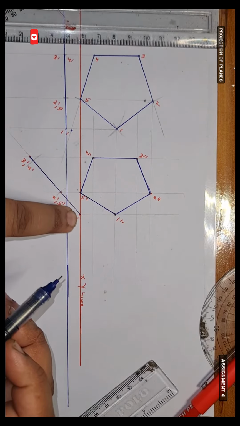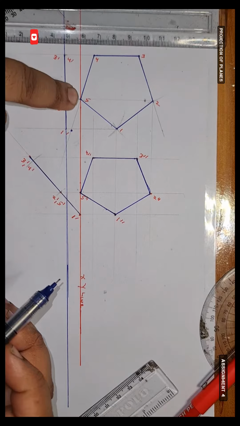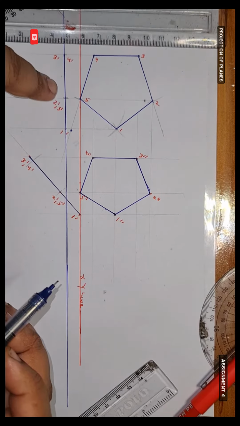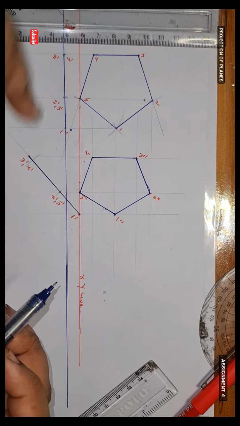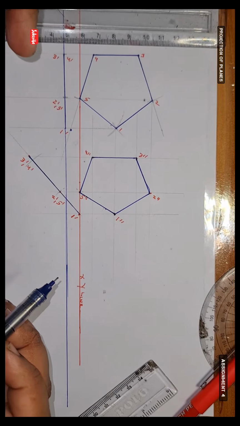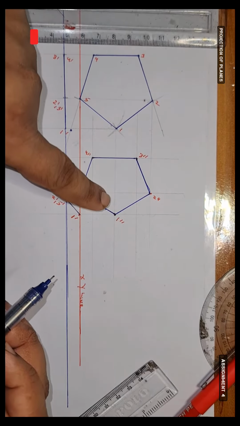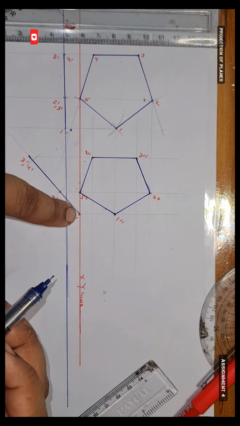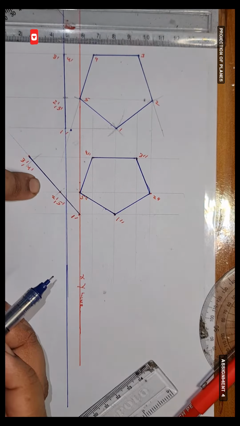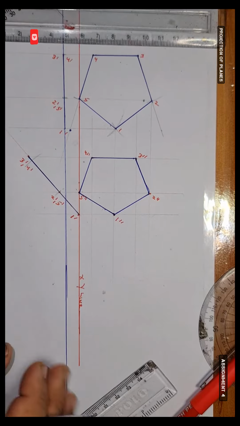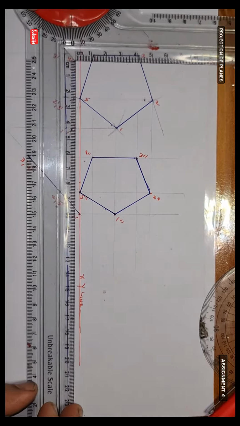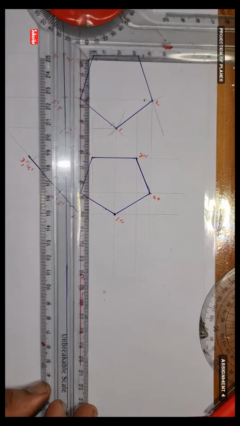This corner is in the VP, this corner, meaning 5 corner, is in the HP. The plane is perpendicular to HP. One corner is in the VP, one corner is in the HP. The plane is perpendicular to HP.